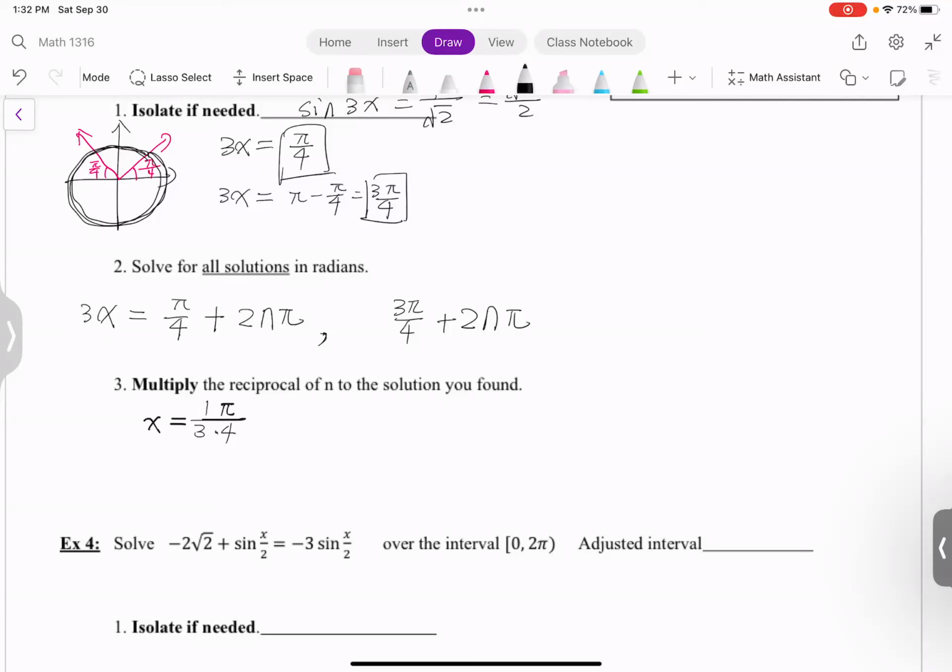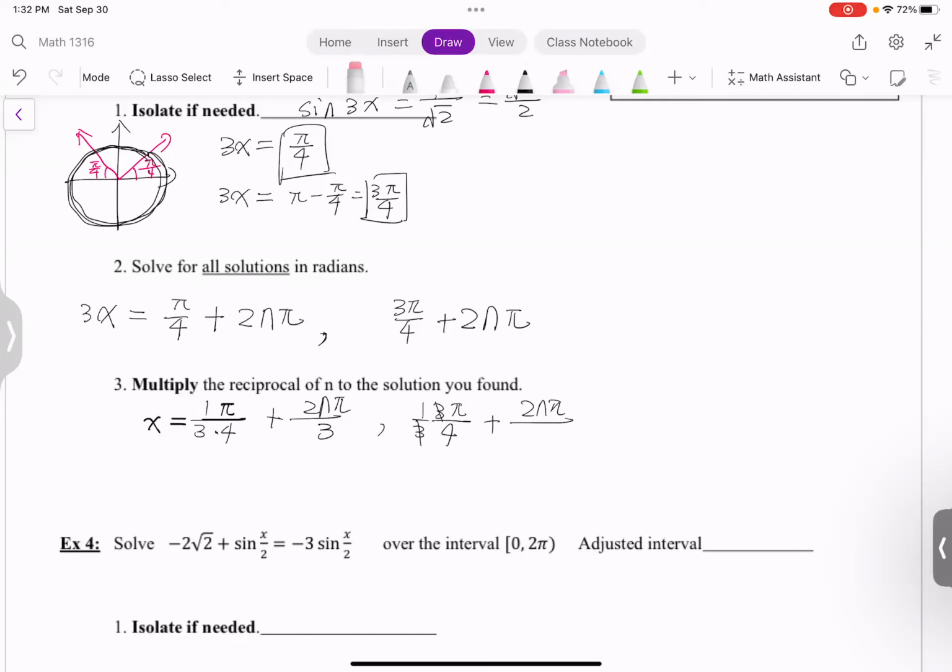So that's pi over 12 plus 2n pi, everybody divided by 3. And another solution is 3 pi over 4 times 1/3. This 3 cancels, plus 2n pi over 3.